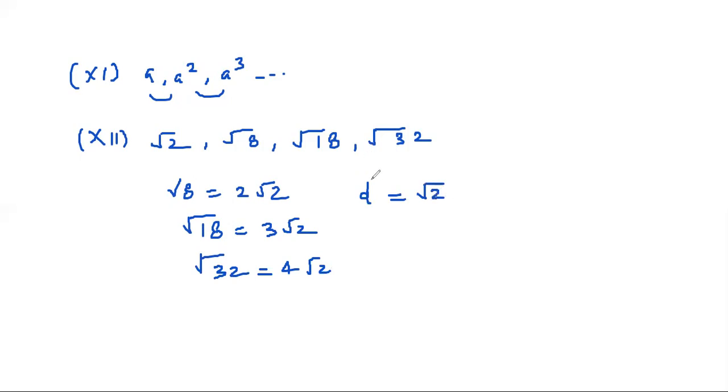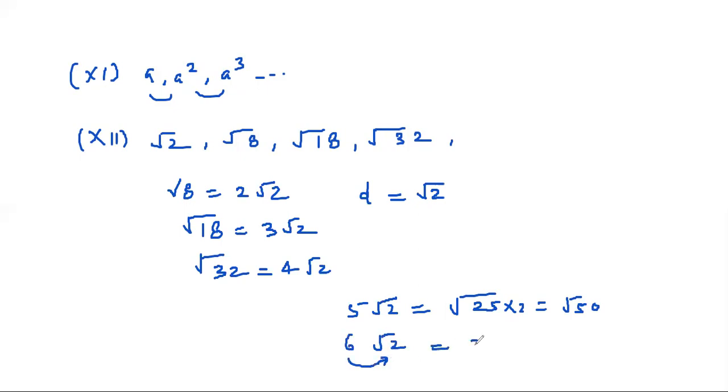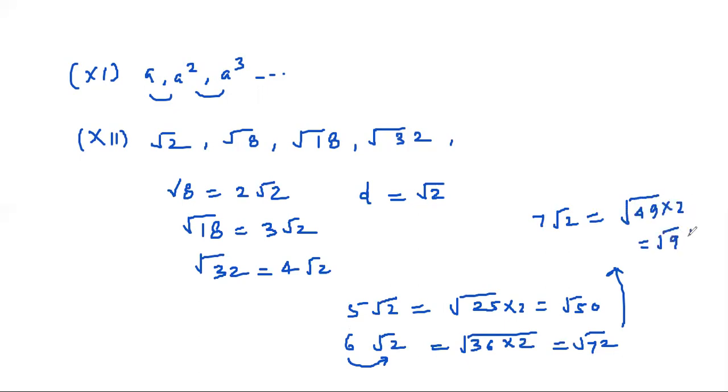It means it will be in an AP, and the next term will be 5 root 2. 5 root 2 means 5 when goes inside the square root, it will become 25 into 2, that is root 50. And next term will be 6 root 2. So 6 can be taken inside, so it will become 36 into 2 under root. So root 72. Then next term will be 7 root 2. 7 can be taken inside, so that will become 49 into 2, that is root 98.